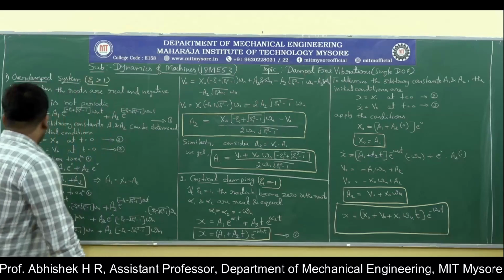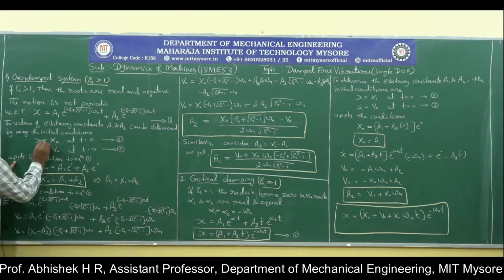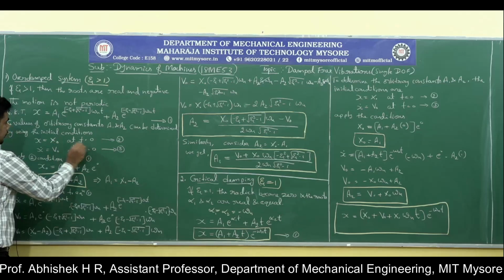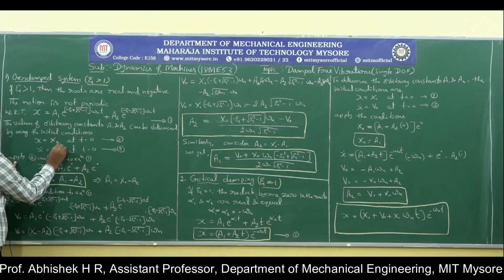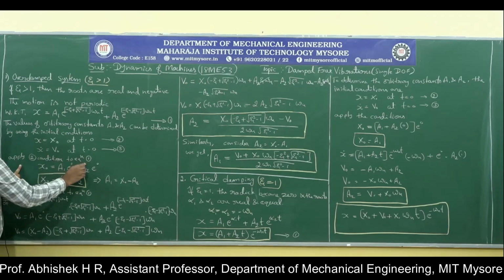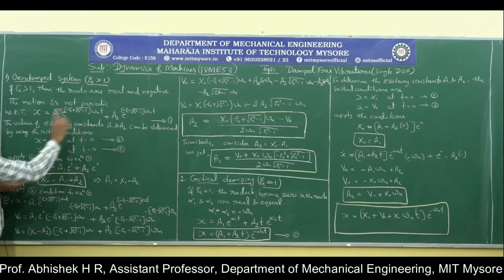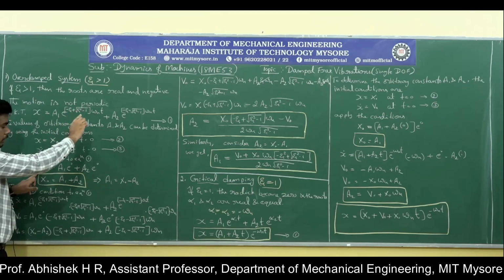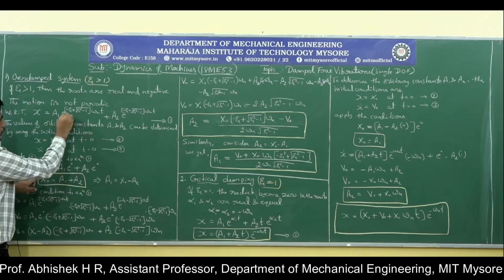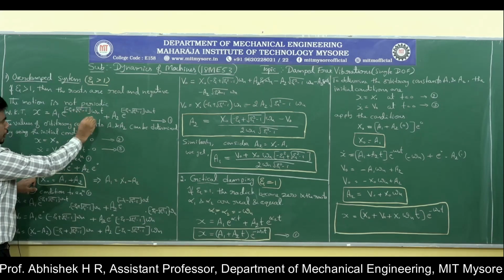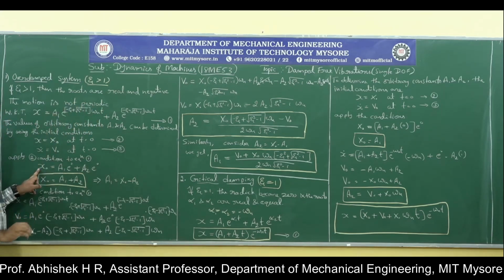Now apply the first condition, that is x is equal to x naught at t is equal to 0. Applying this to equation 1, in place of x I'll write x naught. This is in the form of e power x, so e to the power of minus zeta plus square root of zeta square minus 1 into omega n into t.